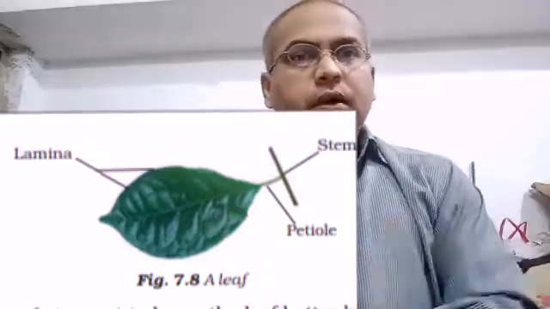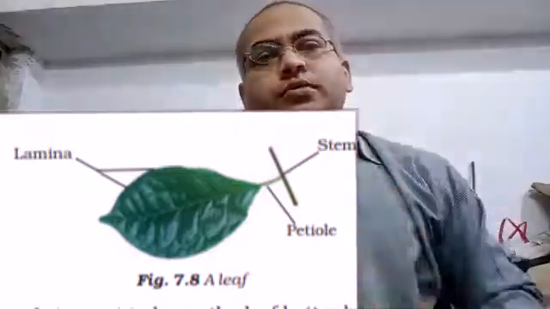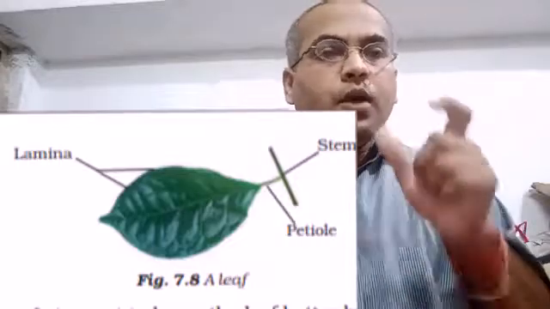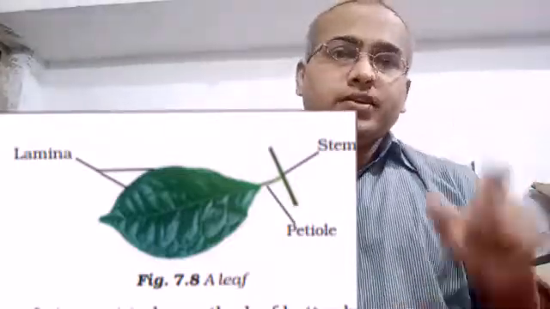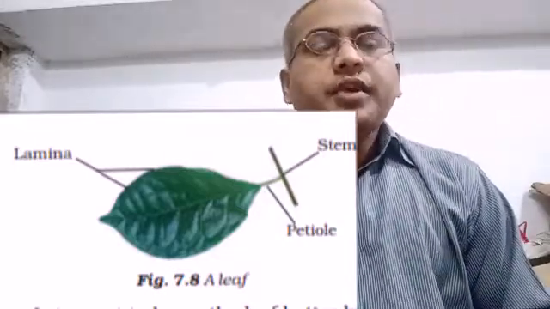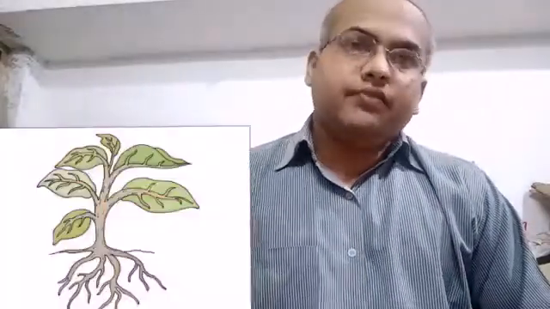And you will find the petiole is elongated in the middle of the leaf. The petiole, that part by which the leaf is attached to the stem, is elongated and forms the midrib. That prominent line in the middle of the leaf is called the midrib. And from the midrib, several lines or veins spread in the leaf, and these are called side veins.